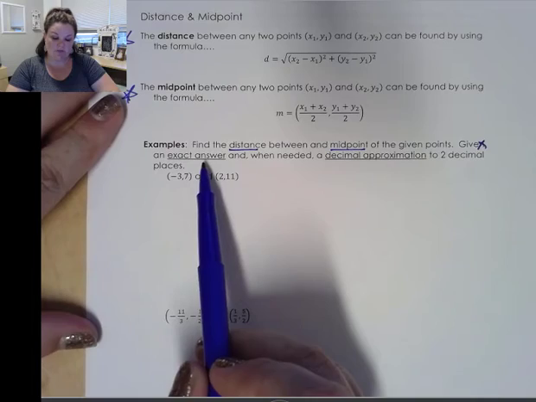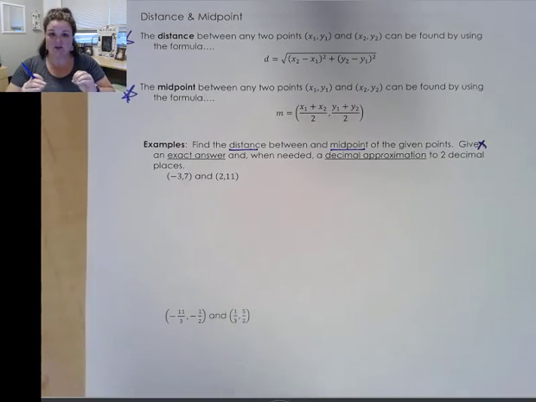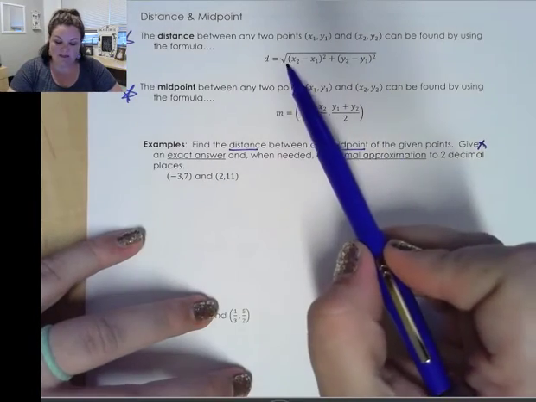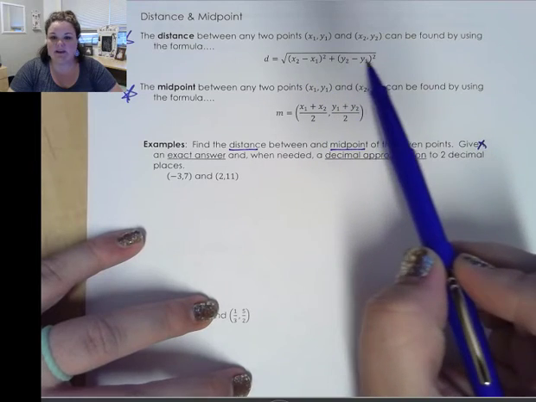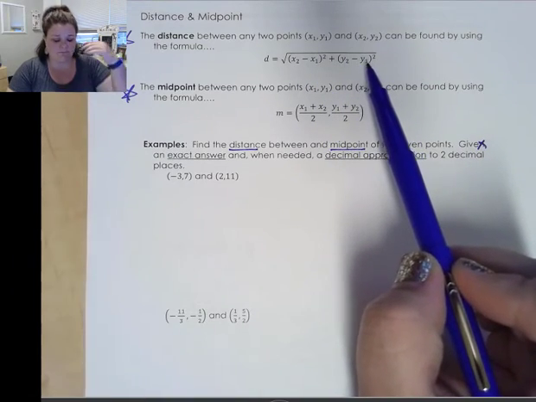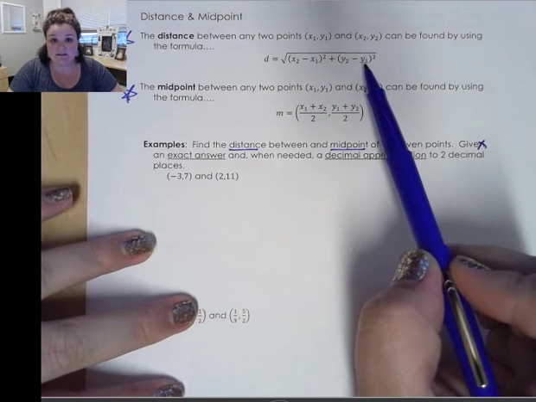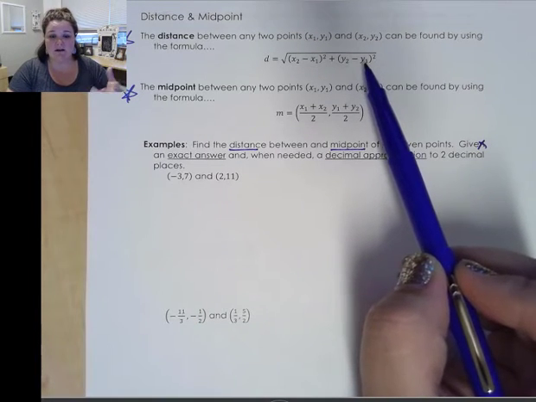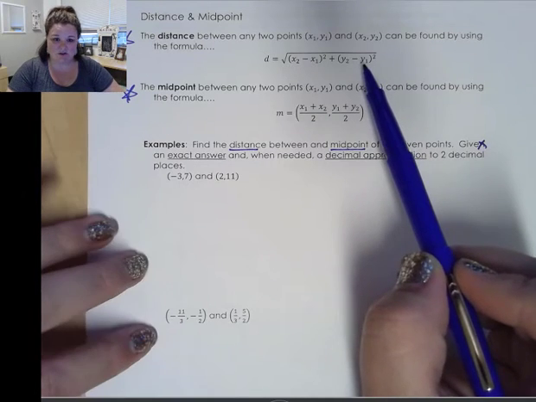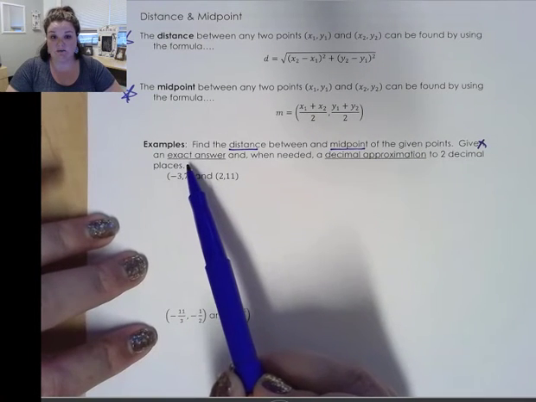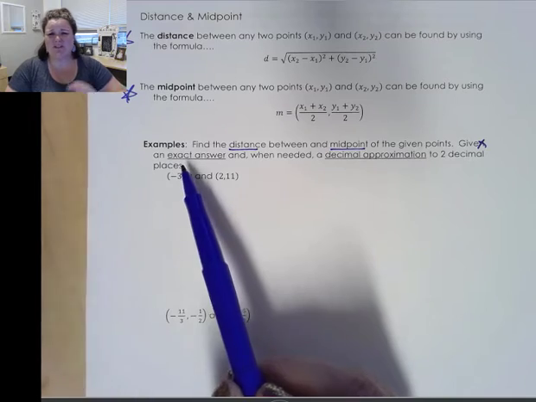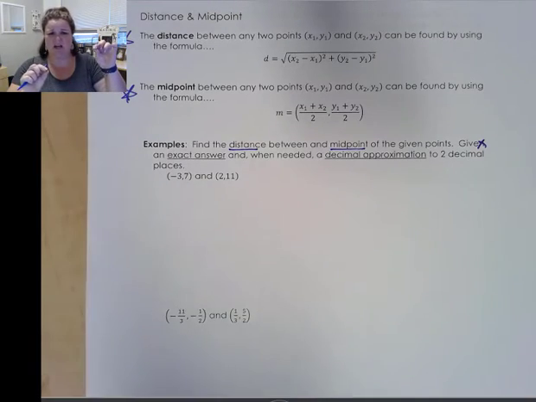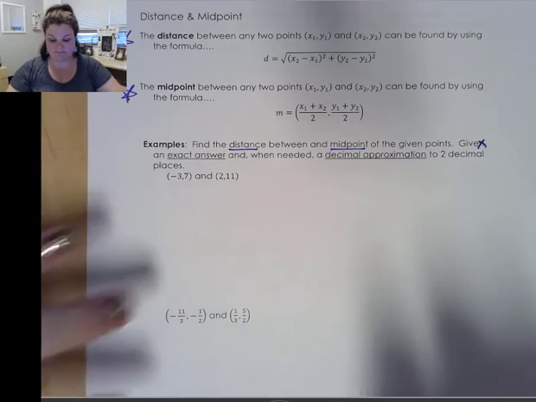What this is referring to is an exact answer is when we calculate this distance, let's say we end up with something like the square root of, I don't know, 13, right? The square root of 13 is not a perfect square. So the exact answer would be the square root of 13, right? But the square root of 13 is a hard thing to be able to actually draw a line that is a distance of a square root of 13.